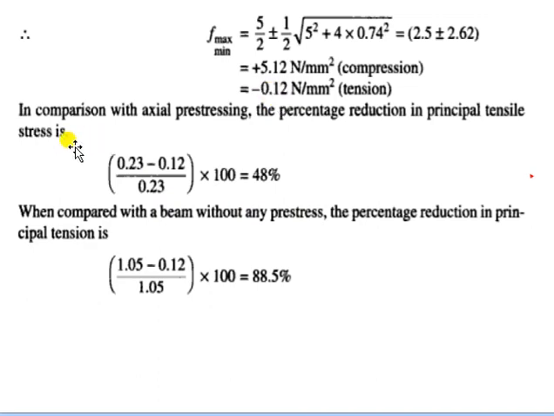This is for the curved cable, this is for the straight cable. 1.5 and 0.12. So 1.5 is the principal stress developed in the member when there was no cable, and this is the principal stress developed in the beam when a curved cable is provided. So 0.12 is the minimum stress developed.